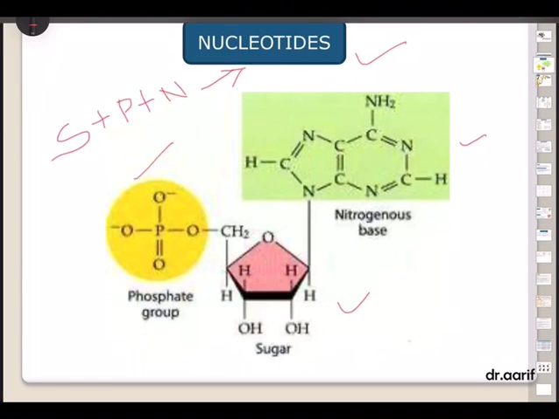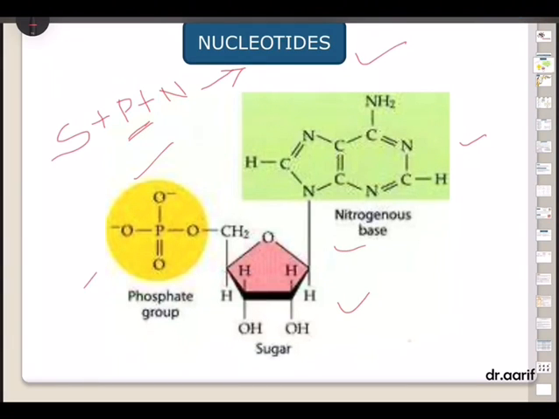And to this, phosphate is added. That means S for sugar, plus P for phosphate, N for nitrogen base. So SPN is equal to nucleotide. What is the difference between nucleotide and nucleoside? This is a common question that will be asked.